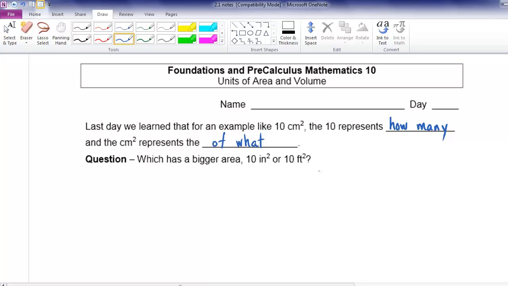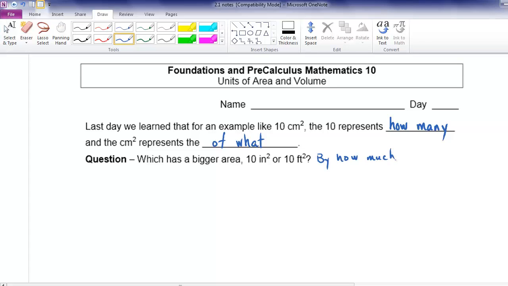Okay. So if we have an idea one of them is bigger, then the next logical question might be, well, by how much? So let's try to answer this. We have an idea right now that a square foot is bigger than a square inch. We're going to compare these two things.